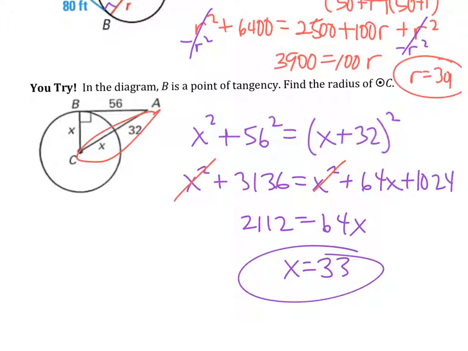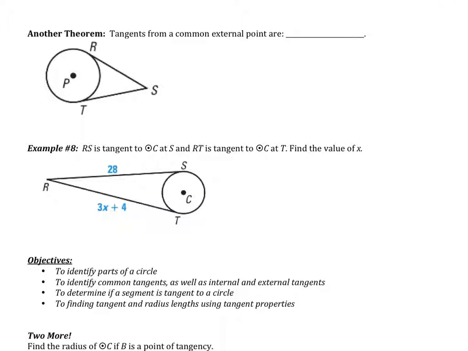All right, last piece of information. Okay, if you flip over, the theorem says that when tangents are drawn from a common external point, S is the common external point because it is outside of the circle. SR is tangent, ST is tangent.